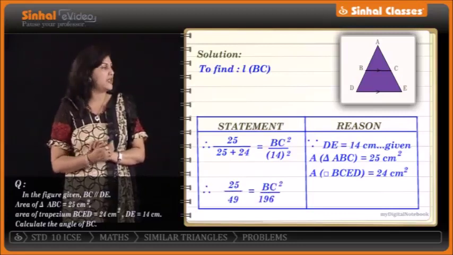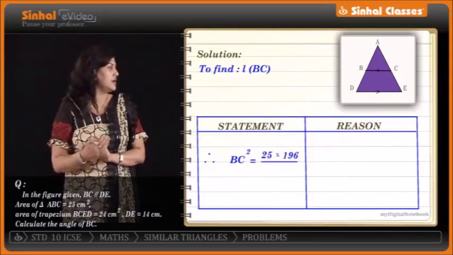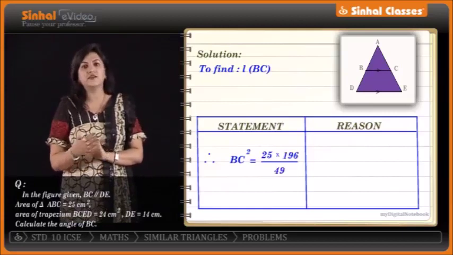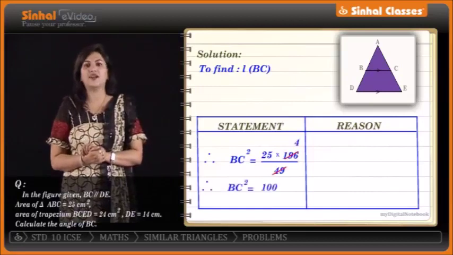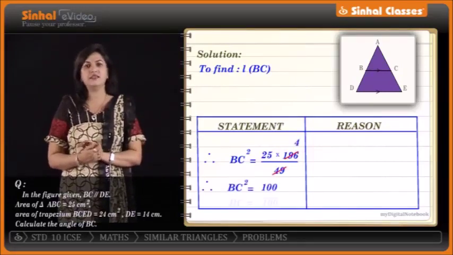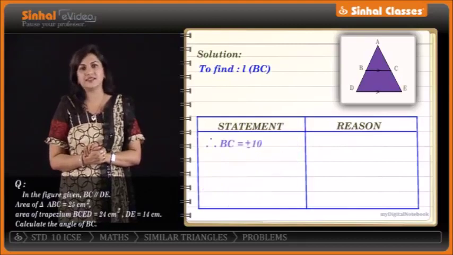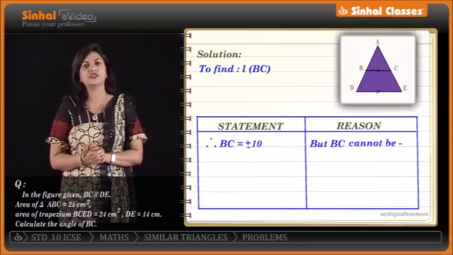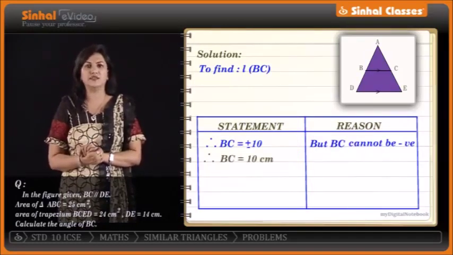Cross multiply, we get BC square equals 25 into 196 upon 49. Now we simplify this to get BC square as 100. That is BC is equal to root 100, which is equal to plus or minus 10. But BC is the length of a side, which cannot be negative. So BC is 10 centimeter.